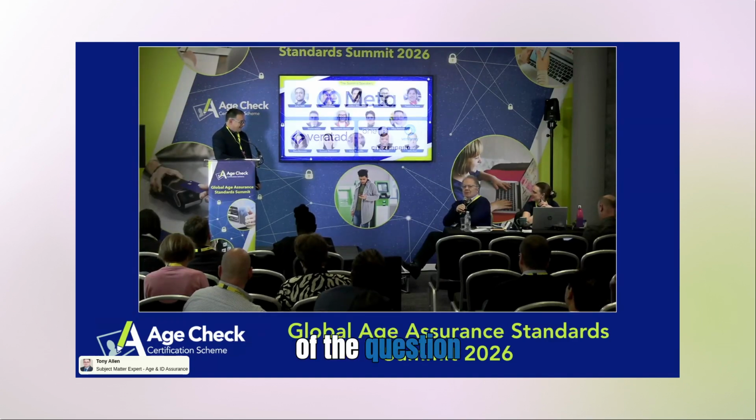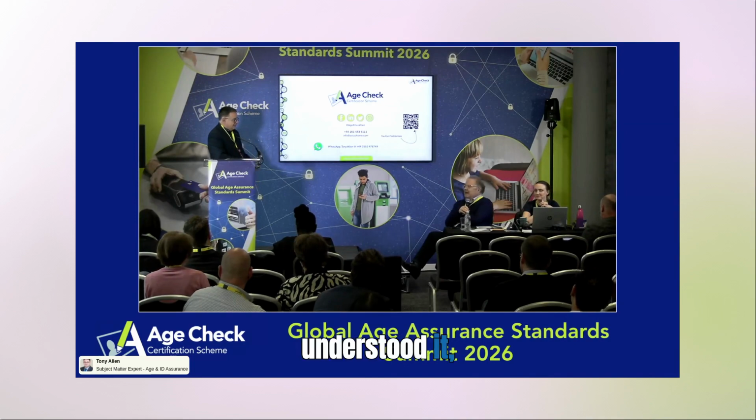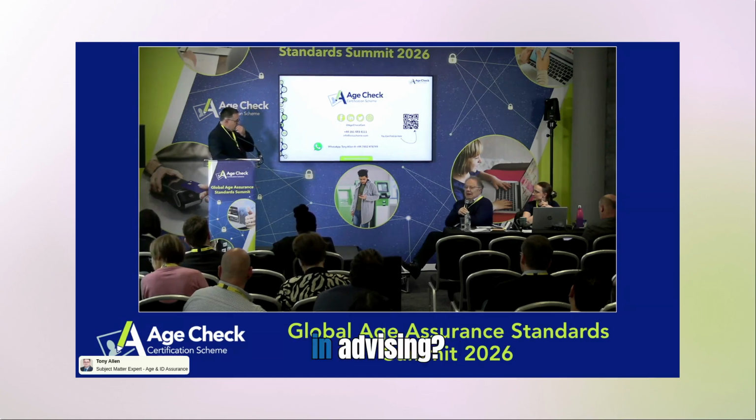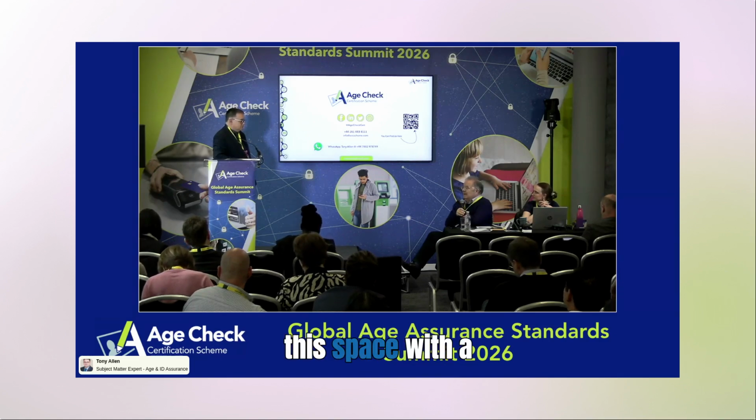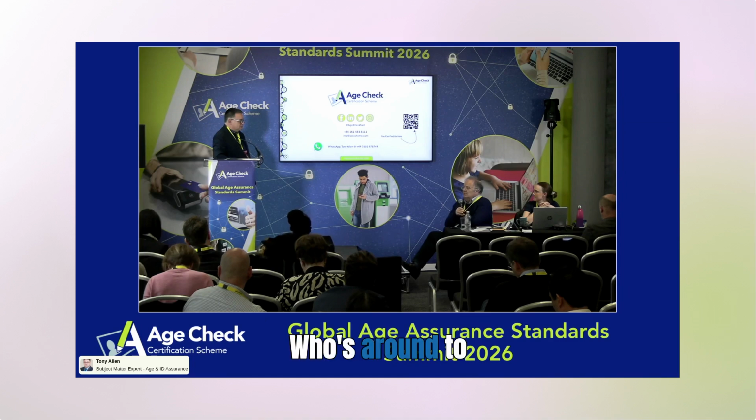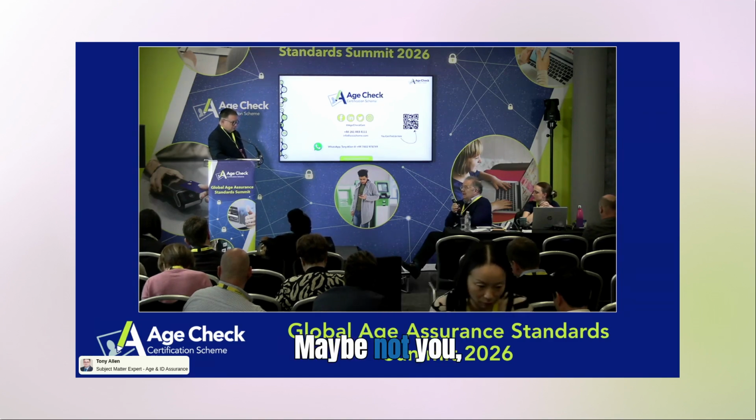But I think part of the question was, if I've understood it, do you see yourself, or ACCS, having any role in advising? For example, I know philanthropic institutions might be looking to invest in helping develop new solutions in this space with a different orientation from straightforward commercial companies. Who's around to hold their hand and point them in the right direction? Maybe not you, but maybe.